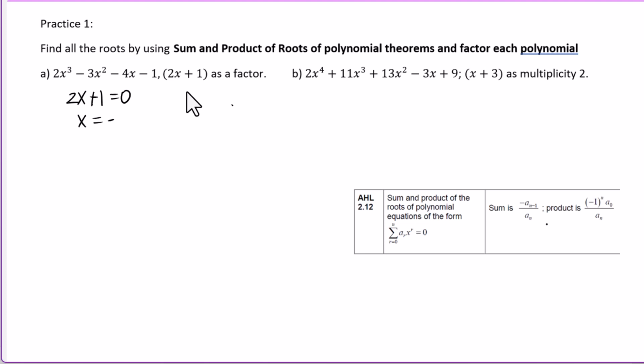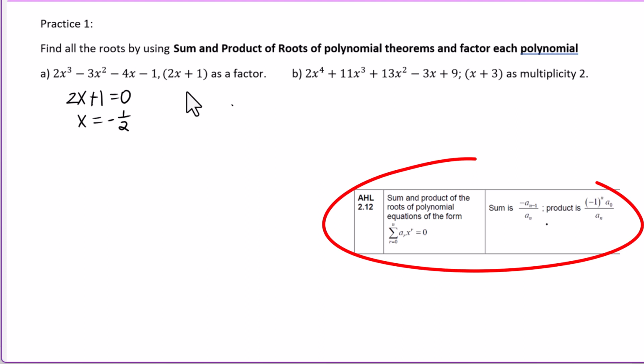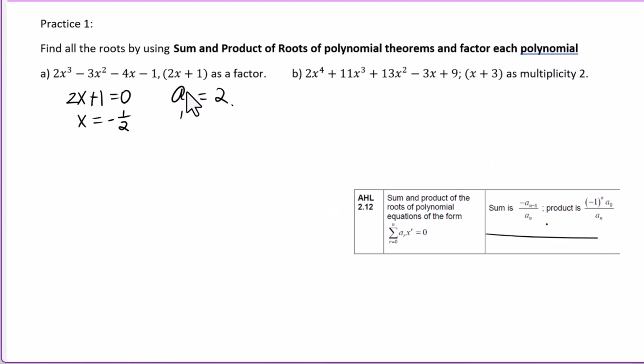x = -1/2. According to this formula, a_n = 2, a_(n-1) = -3, a_0 = -1. Since n = 3, there are 3 roots for this polynomial function.